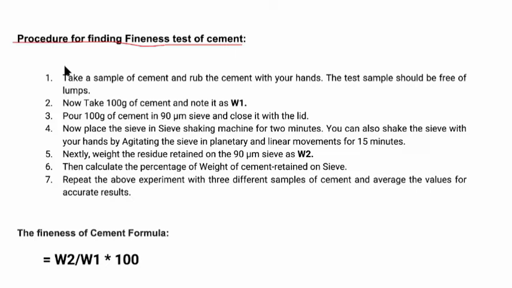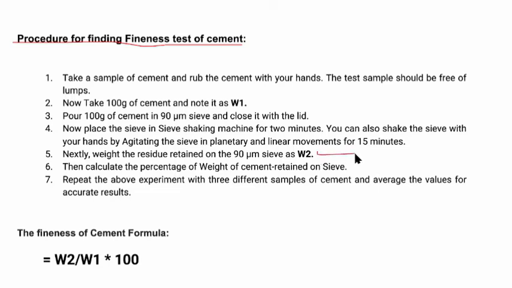Put the 100 gram of cement in the IS sieve number 9, close it with the lid and put it in the sieve shaking machine. After shaking for 2 minutes, the weight of the residue retained on the 90 micron sieve is noted as W2.